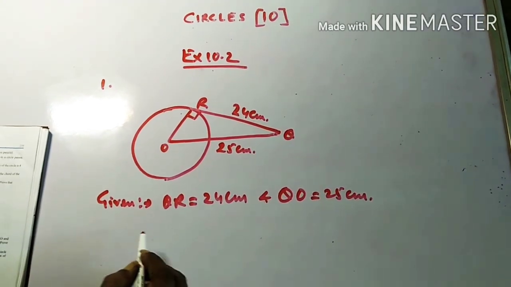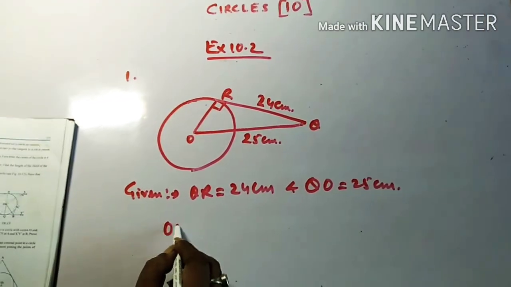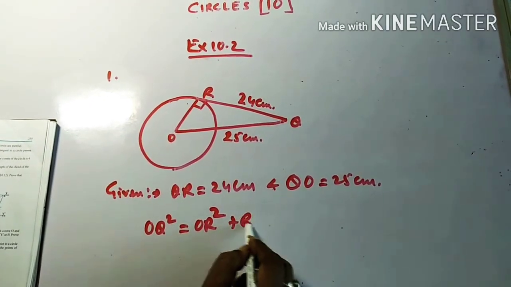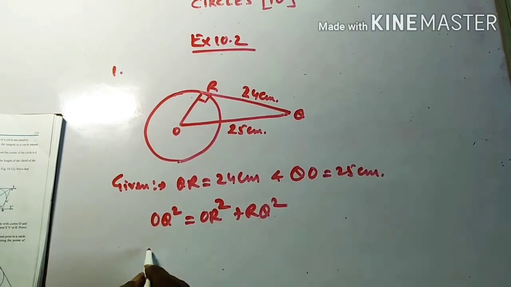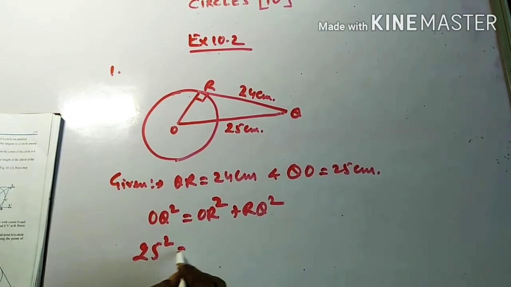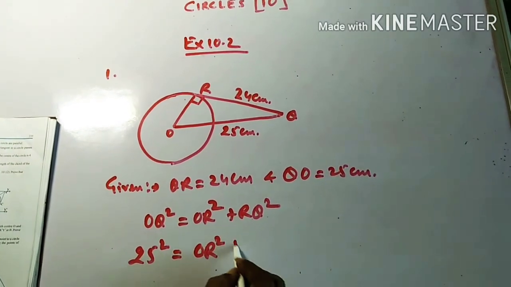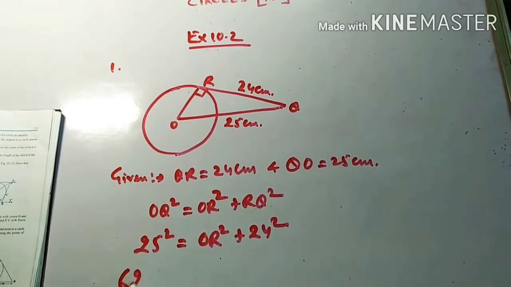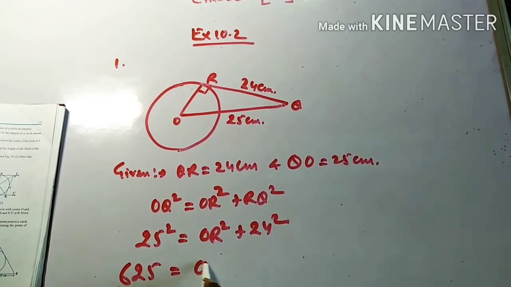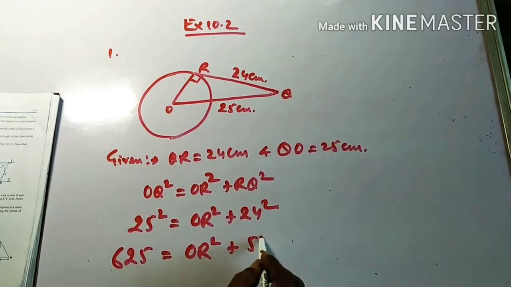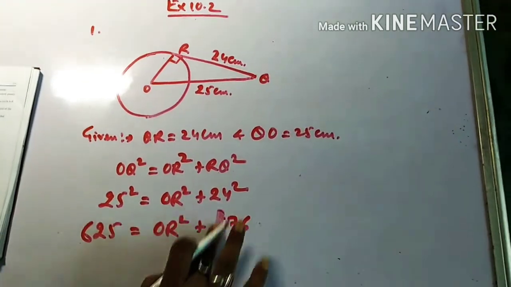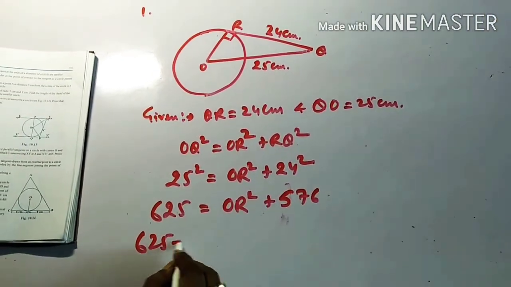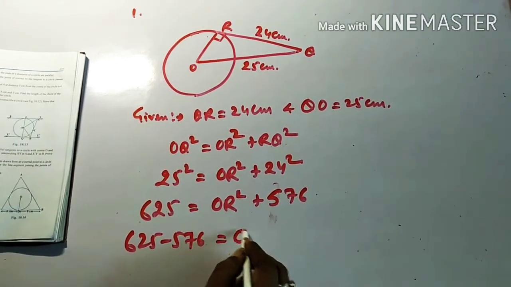Now by the help of the Pythagoras theorem, OQ square is equal to OR square plus RQ square. So OQ square, that is 25 square, equals OR square plus 24 square. So 25 square is 625, equal to OR square plus 576, which is 24 square. Now 625 minus 576 is equal to OR square.